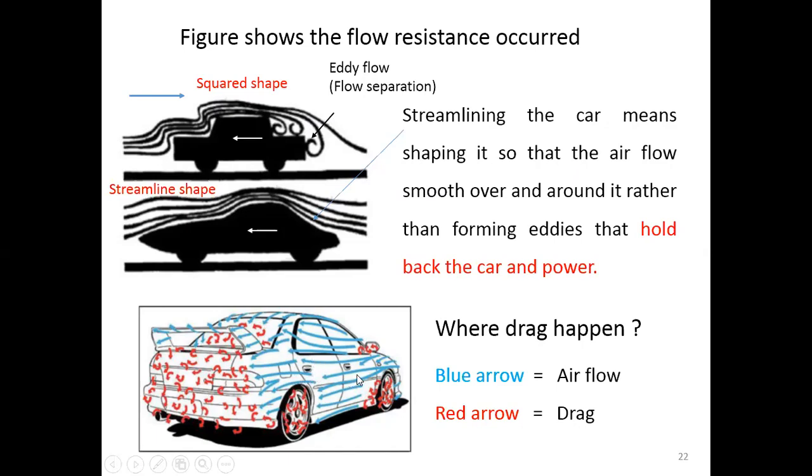On the side of the car, normally there is no significant drag. Most of the drag that resists the car comes from the wheel, a little bit from the side mirror, and you can see mostly from the back of the car. This is where the drag happens and the car has to overcome it when it runs.